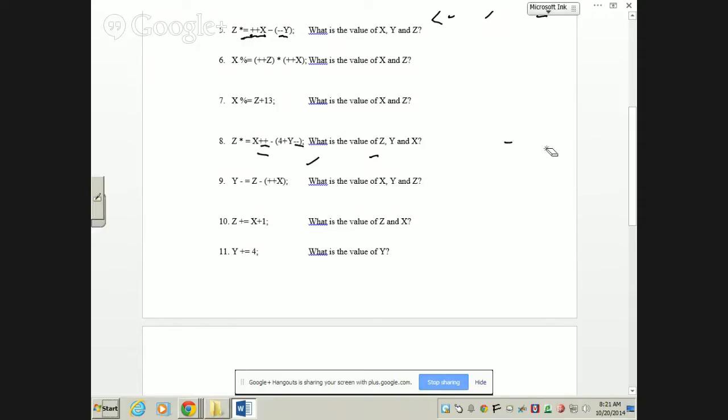Number 9, y minus equals z minus plus plus x. So we have y equals itself, which at this point is 9, minus z, which at this point is 11, and then minus, and that's a prefix increment operator, so that's x plus 1, 7.